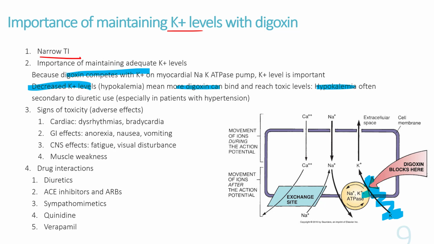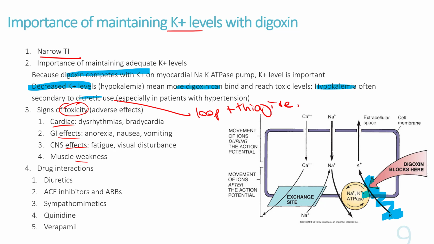Hypokalemia is often due to diuretic use, especially when used in conjunction with loop diuretics and thiazide diuretics. And remember, the third class of diuretics are the potassium-sparing diuretics, and so that would not actually induce hypokalemia, right? You've got the signs of toxicity over here, which include cardiac, GI effects, CNS effects, and muscle weakness.